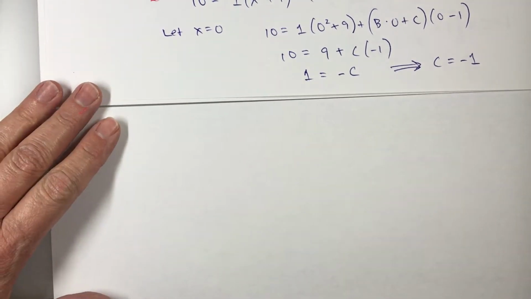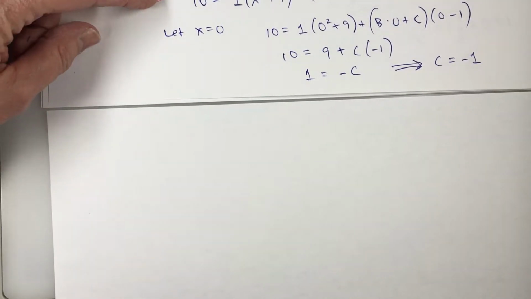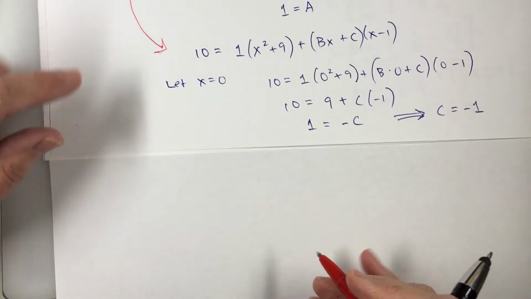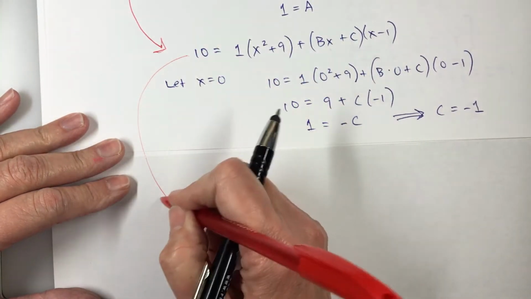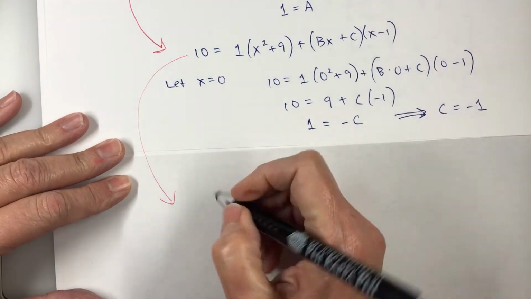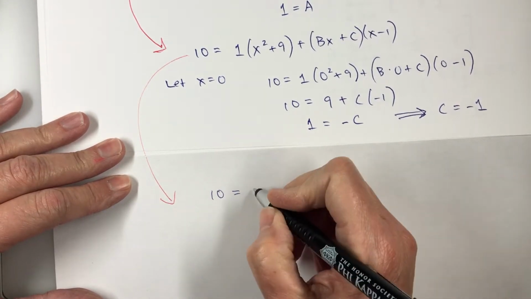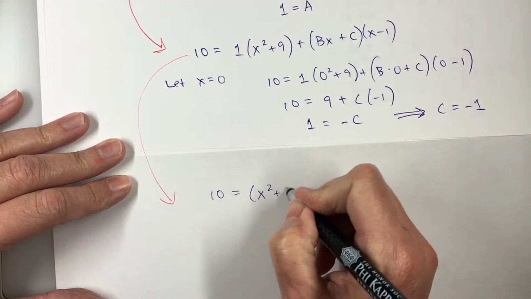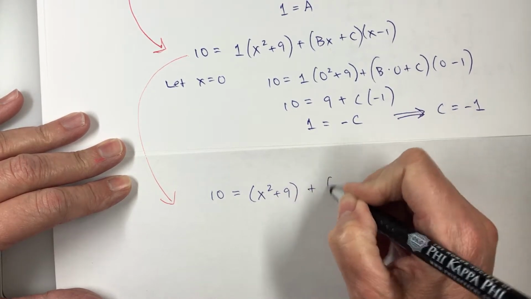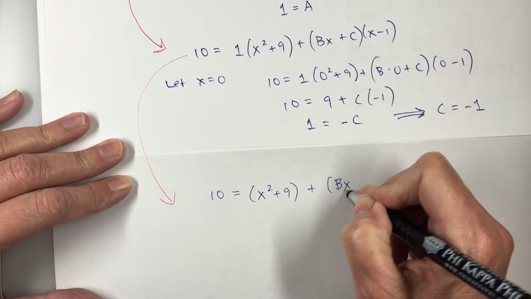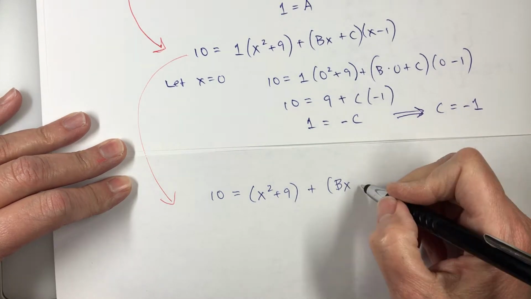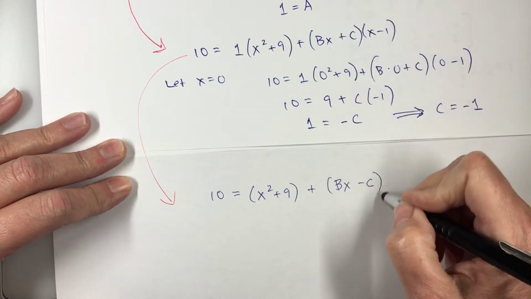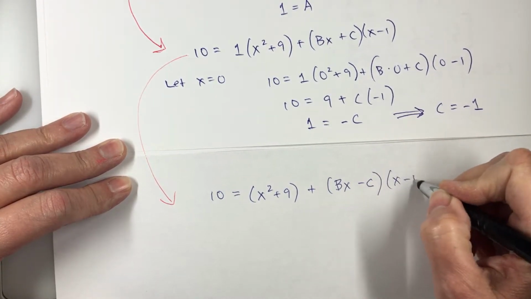So now from this part right here, we're going to have 10 equals, I'll leave that 1 off. A was 1. x squared plus 9 plus Bx, C is negative 1, so Bx plus C times x minus 1.